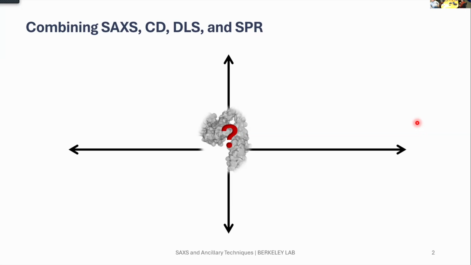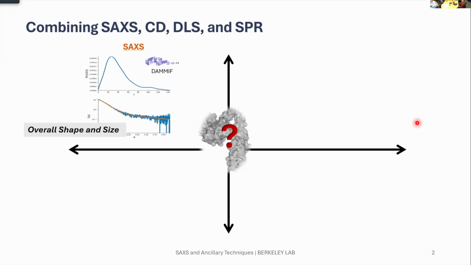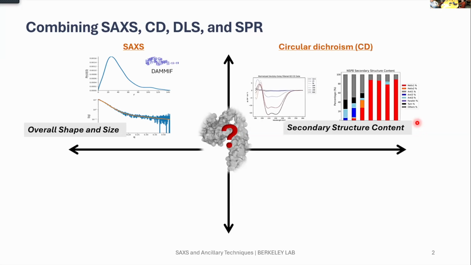To do that, there is, of course, small angle X-ray scattering that gives us understanding about overall shape and size, without using any computational tools, we can more or less precisely get overall shape and size.